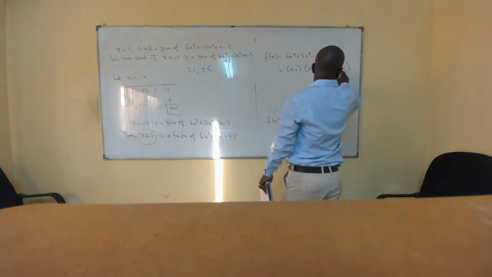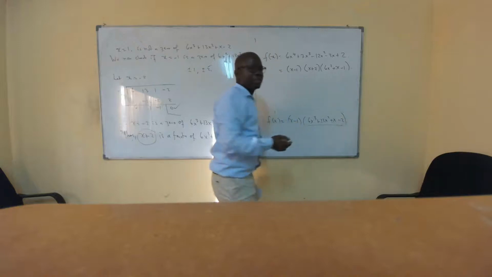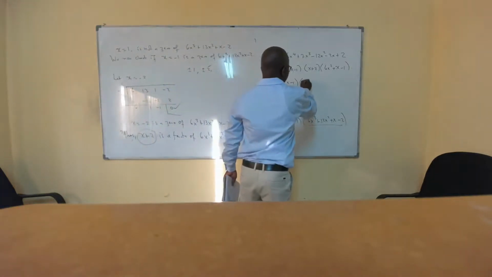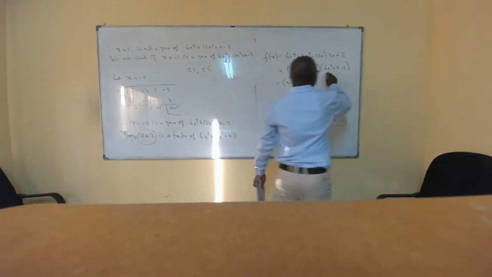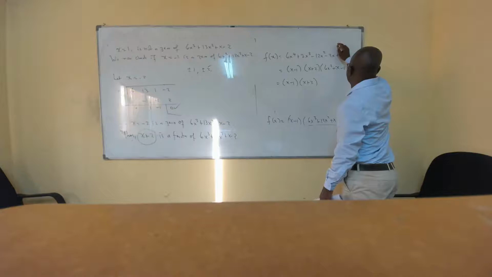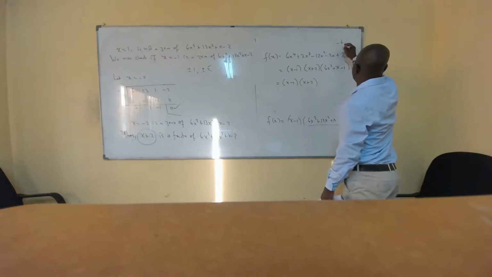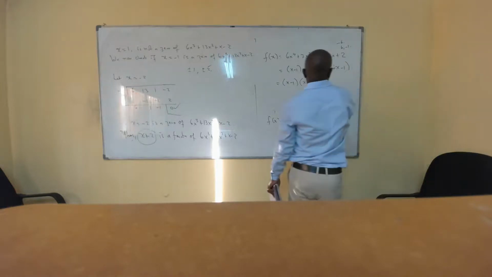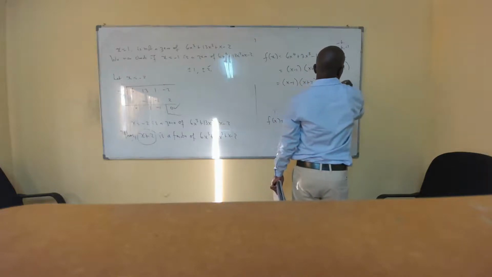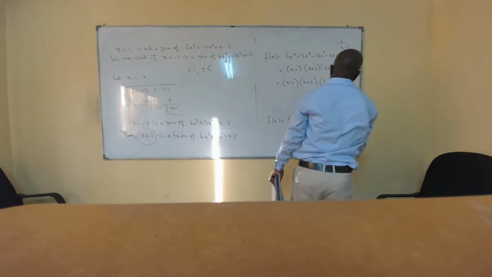Let's see if we can factorize this. This is a quadratic function which we can easily work out. So we have minus 6. So 6 minus 1. I think it works. So we can write this as 6x squared plus 6x minus x minus 1, right?